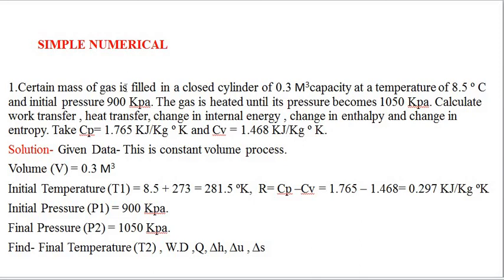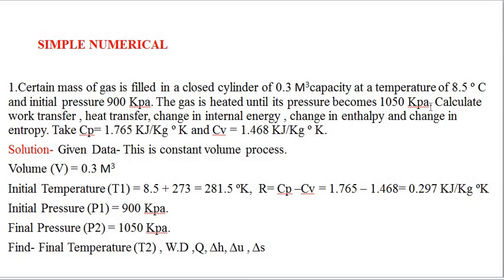A certain mass of gas is filled in a closed cylinder of 0.3 meter cube capacity at a temperature of 8.5 degrees Celsius and initial pressure of 900 kilopascal. The gas is heated until its pressure becomes 1050 kilopascal.